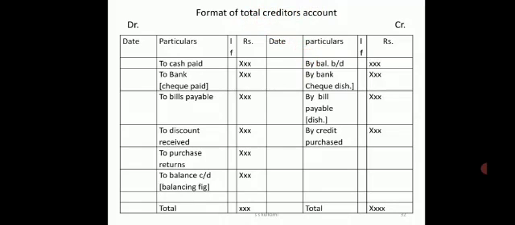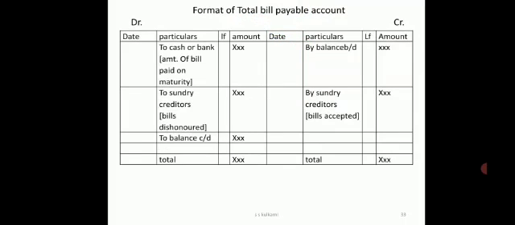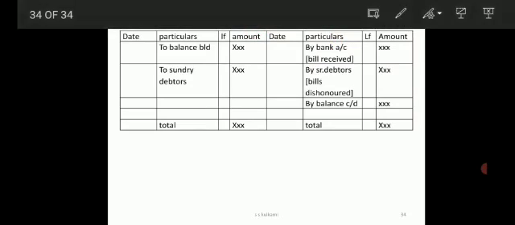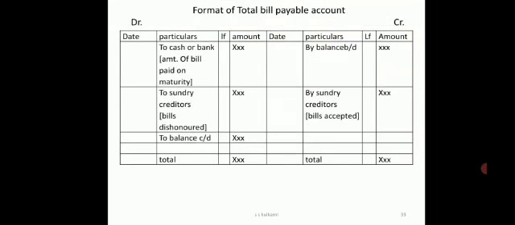Now we'll see the next format, that is total bills payable account. Bills payable account also is a liability account. So we classified bills payable as liability. So again apply the rule of liability. Credit, increase in bills payable, debit, decrease in bills payable.